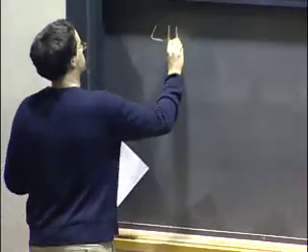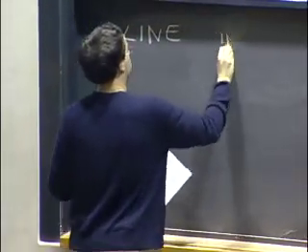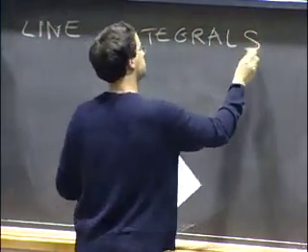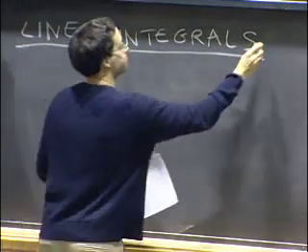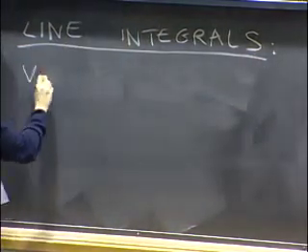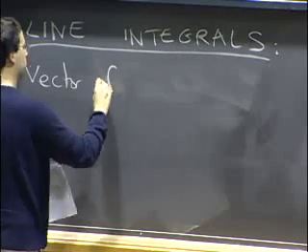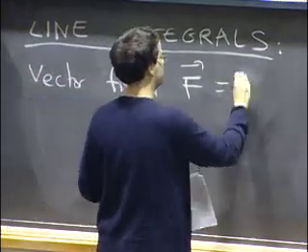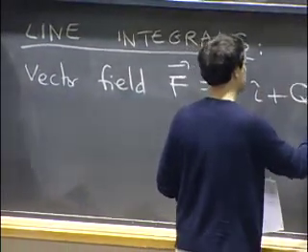So, okay, let's start right away with line integrals in space. Let's say that we have a vector field f with components, say, p, q, and r.